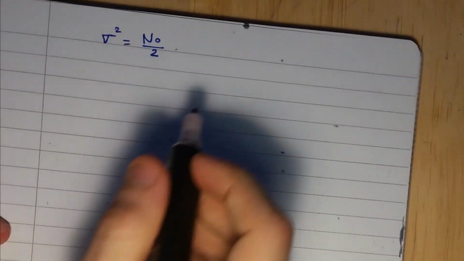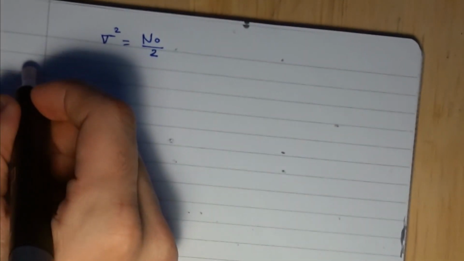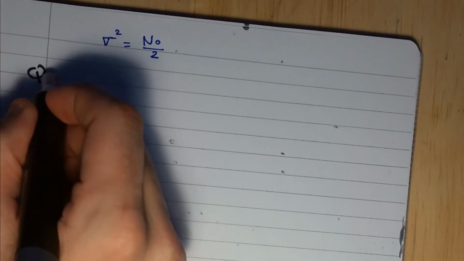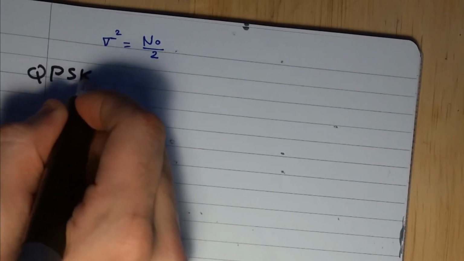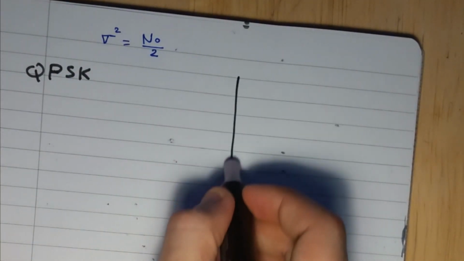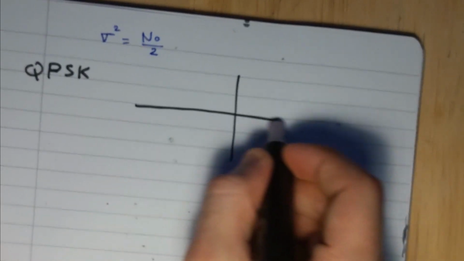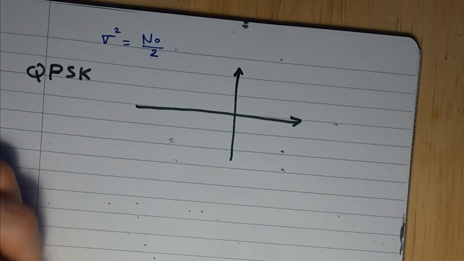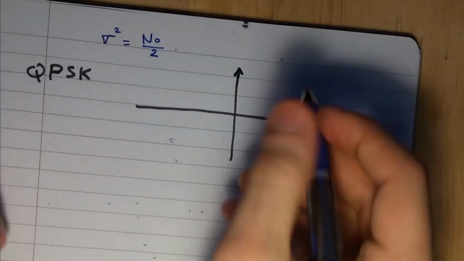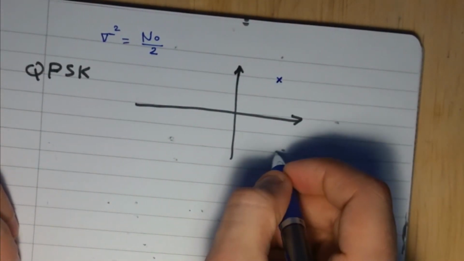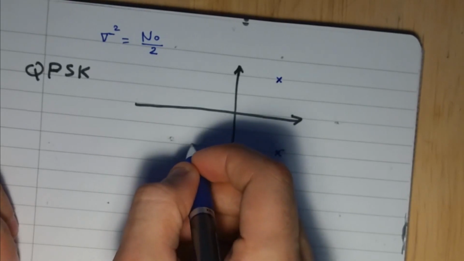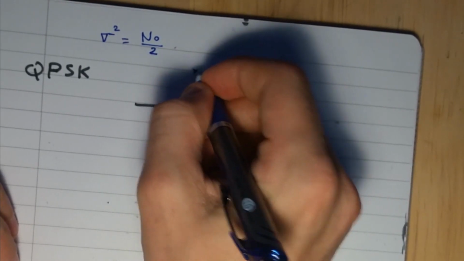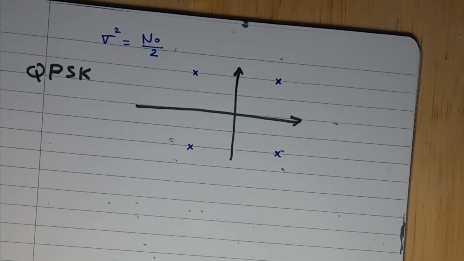In our constellation diagram, for example, for quadrature phase shift keying modulation, we have 4 symbols. We have this point, this point, this point, and this point. And as you can see, it's a square.